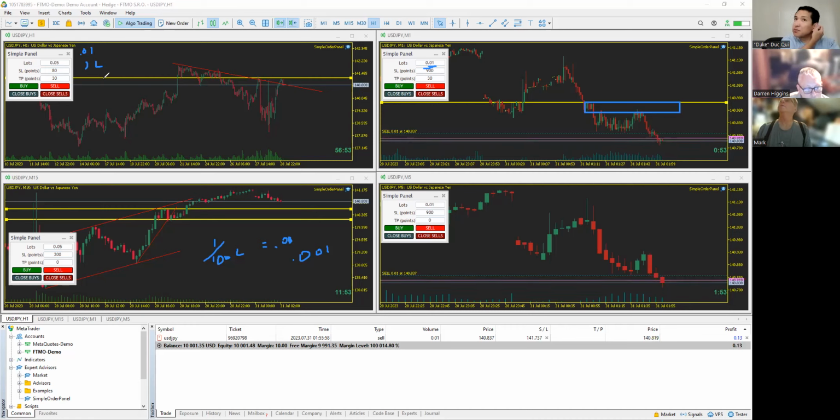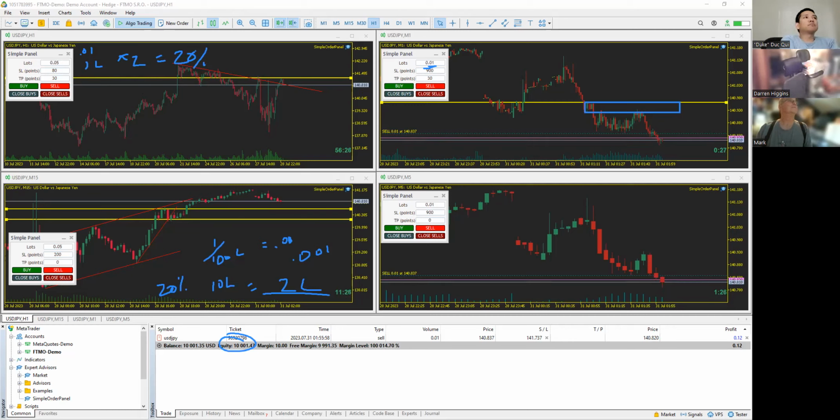But if you do one lot, first off, what's the normal size position for me? It's 20%. It's 10 lots that I have here. So that's only 2 lots. So if I do one lot each, it only gives me 2 trades and I'm at 20%. So do you guys see how that's too heavy?